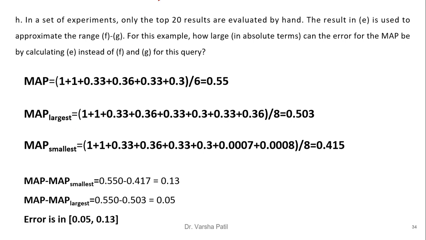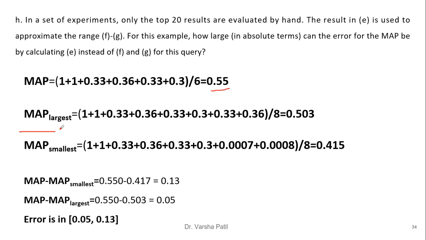In a set of experiments, only the top 20 results are evaluated by hand. The results in E are used to approximate the ranges F and G. For this example, how large can the error for the MAP be when calculated using E instead of F and G for this query? Now for this, we calculated in the equation only the plain MAP, which we found is 0.35.